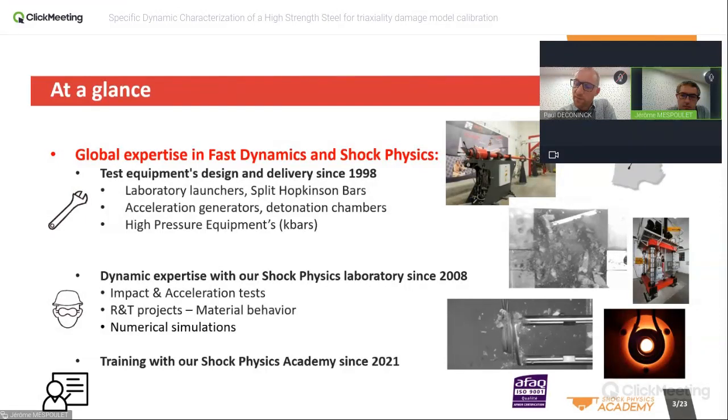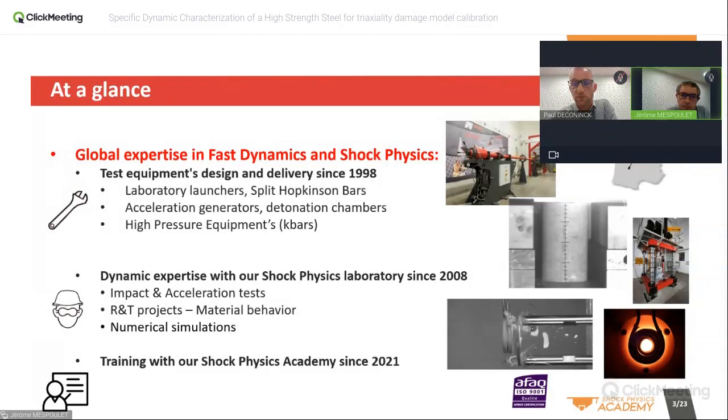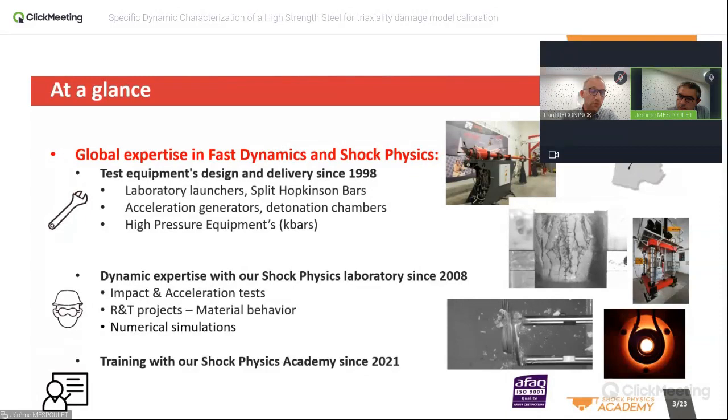This equipment can be coupled with our ability to perform numerical simulation with different FEA codes. With that, we are able to expertise dynamic phenomena and to answer research and development projects that are related to material behavior.